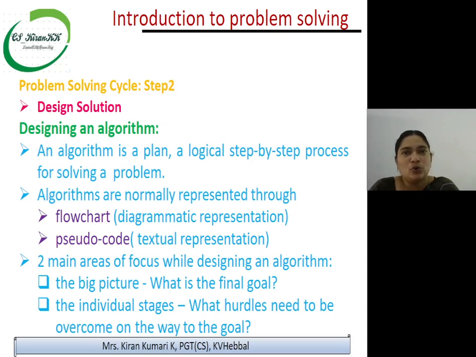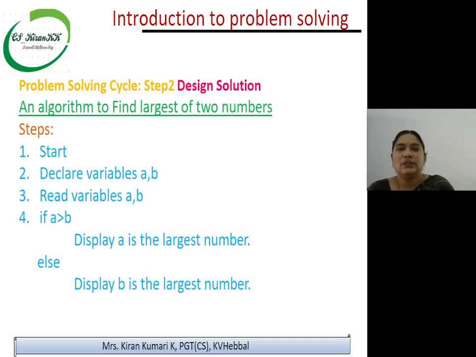Like short term goals and long term goals. So the big picture is to be kept in focus, and then at individual stages also, how you handle the hurdles and how to resolve them. These are the things to be kept in mind while solving any problem.